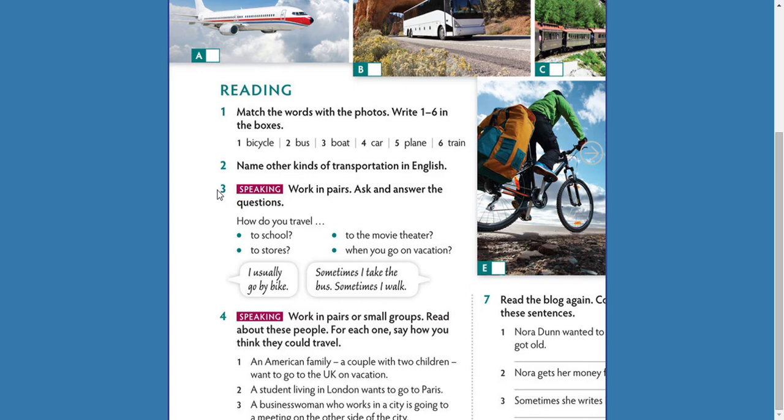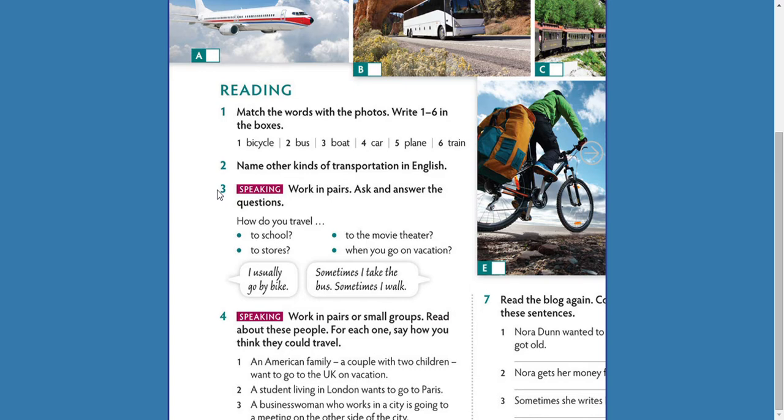For example, me. How do you travel to school? I travel to school by taxi. Number 2, how do you travel to stores? I travel to stores by bicycle.